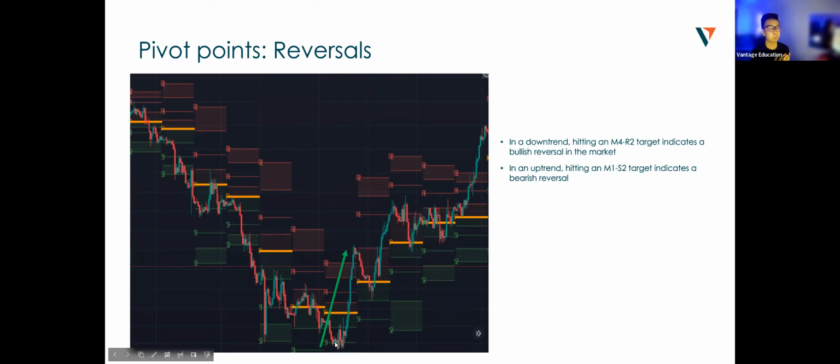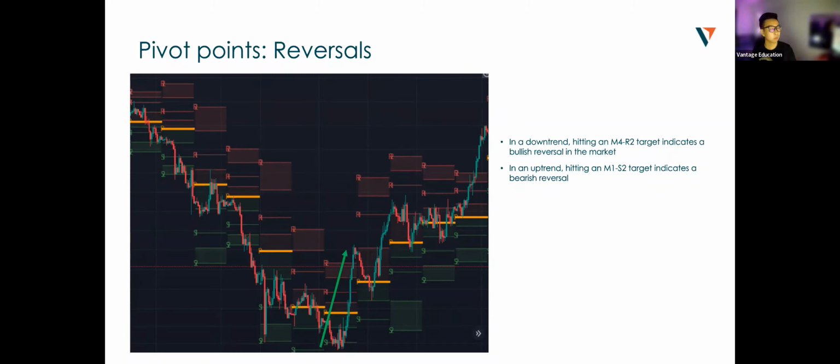And if you combine that with your understanding of market structure, anything that breaks above R2 in a downtrend means R2 usually determines a price level that's higher than the previous high. So in a downtrend, you look at this R2, it's higher than your previous high. This R2 is higher than the previous high, and this R2 is higher than the previous high. What this means is that you are no longer forming a lower high, lower low formation, and instead this would be a formation of a higher high.